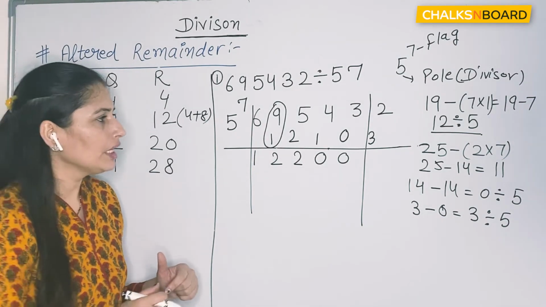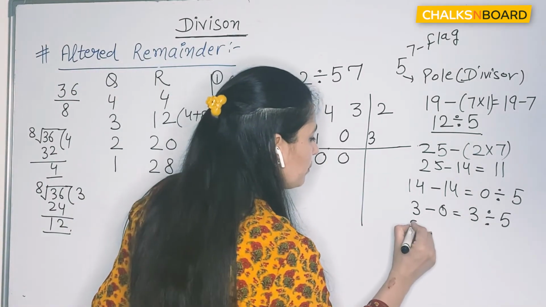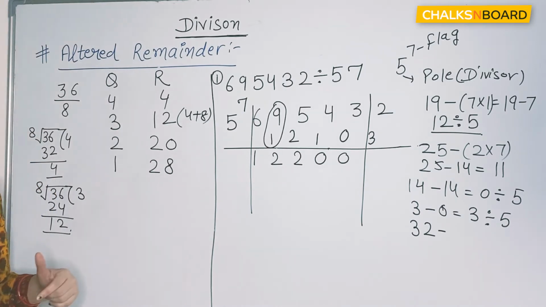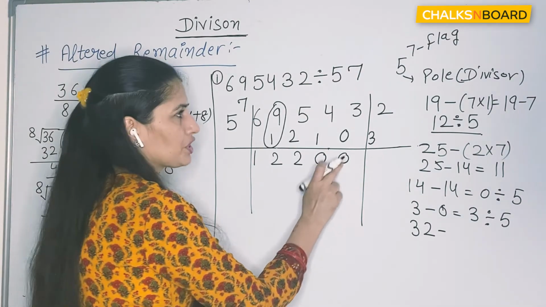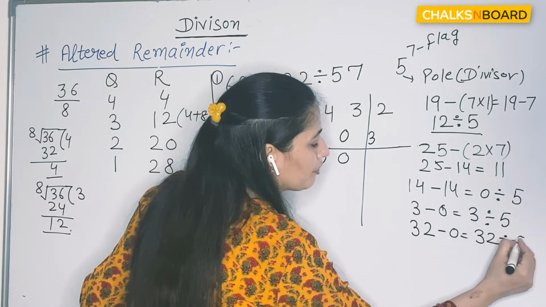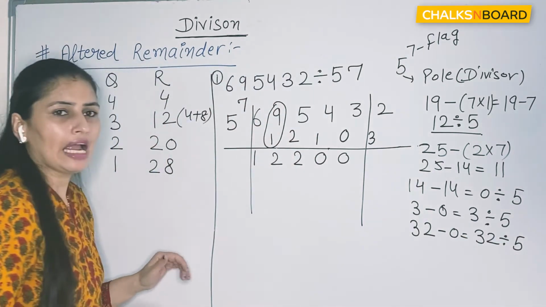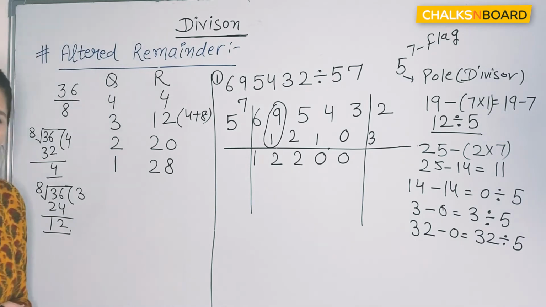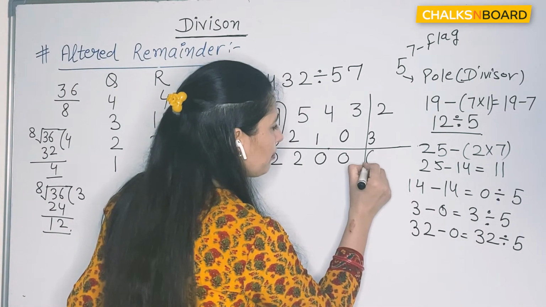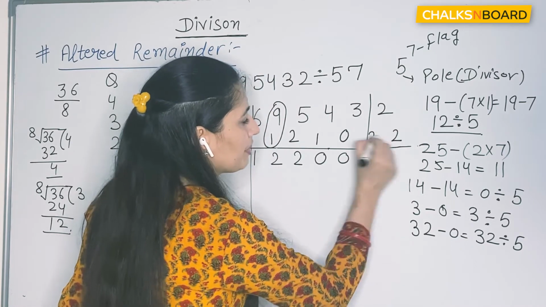Now 32 minus multiplication of previous quotient with flag, that is 0, and 32 divided by 5, which is our whole. When we divide 32 by 5, 5 6s are 30. 6 is our quotient and 2 is our remainder.